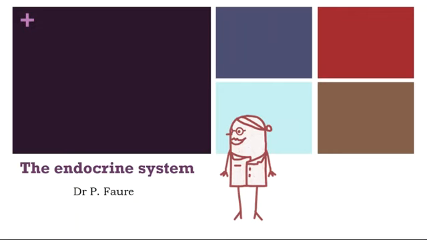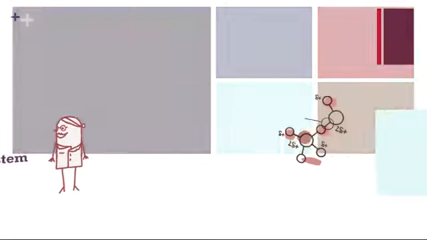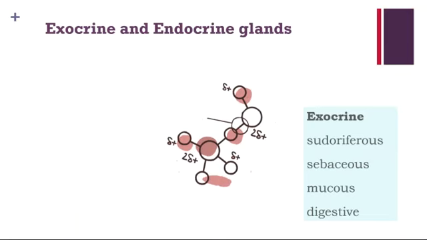First, let's have a look at the human endocrine system. The body contains two kinds of glands, exocrine and endocrine. Exocrine glands secrete their products into ducts and include sudoriferous, sebaceous, mucous, and digestive glands.